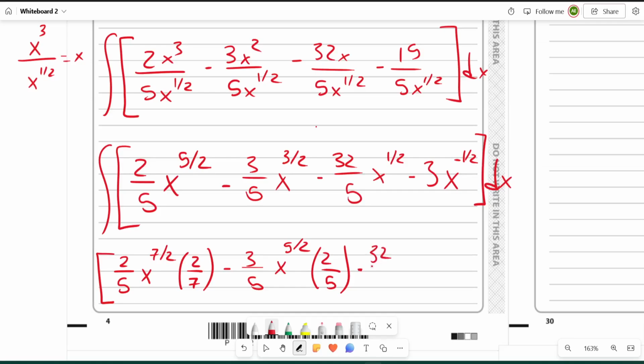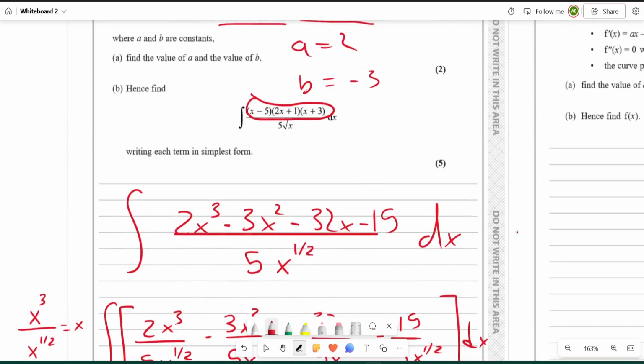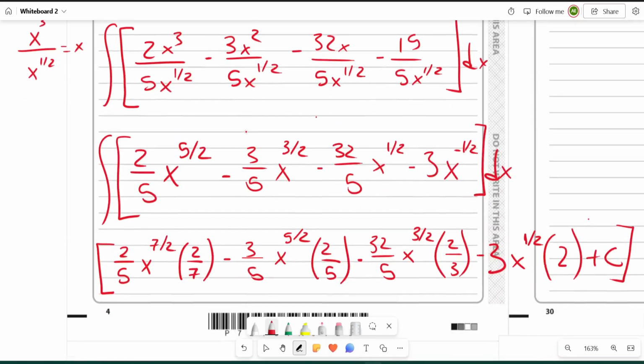Minus 32 over 5 x, add 1 to half, which is 3 over 2. Divide by 3 over 2 is the same as multiplying by 2 over 3. And then minus 3x, adding 1 to negative half makes it 1 over 2. And then dividing by 1 over 2 is the same as multiplying by 2. And then I need to add the constant of integration because this is an indefinite integral.